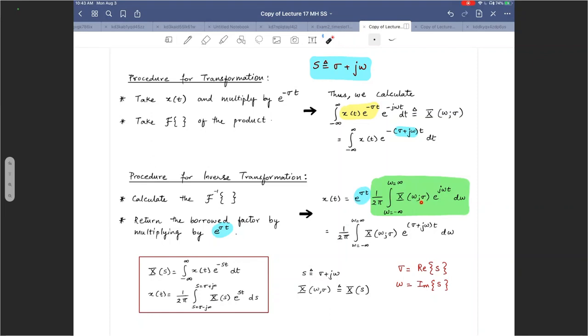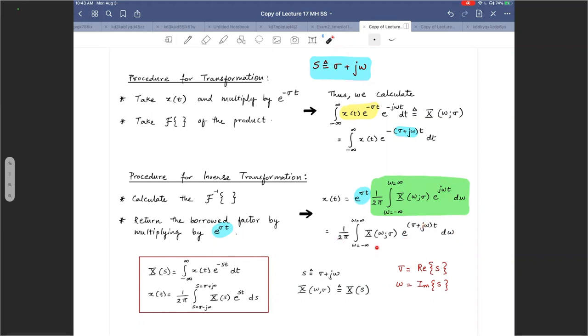Now, if you simplify this a little bit, you will get 1 over 2 pi, omega going from negative infinity to infinity, X of omega comma sigma, and now you can combine e to the sigma t and e to the j omega t and write it as e to the st instead, d omega.